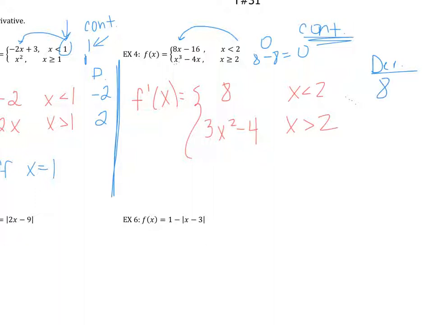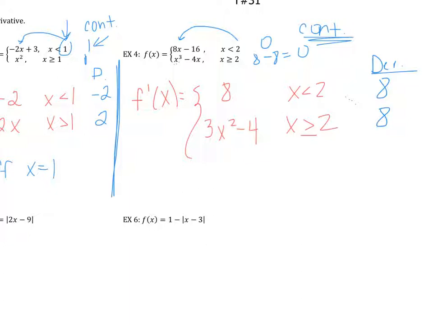The derivative from the right, what is that? 2 squared is 4, 4 times 3 is 12. 12 minus 4 is 8. So this function is differentiable everywhere. So I would put an equal to, it doesn't matter. Generally speaking, they tend to put it on the same one it was in the original.